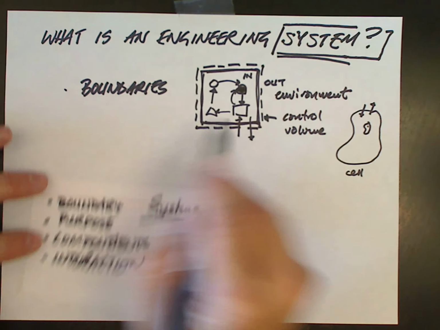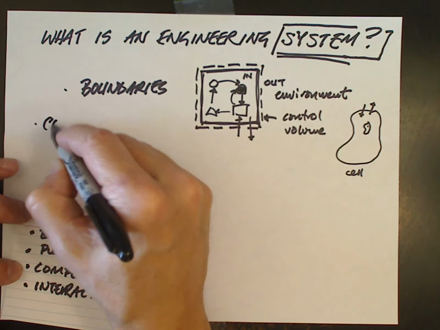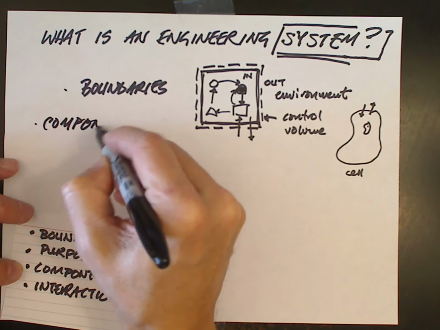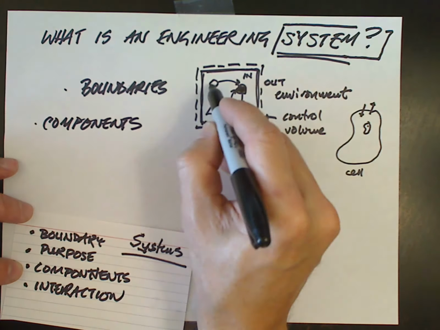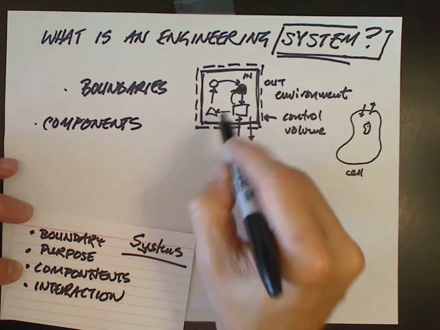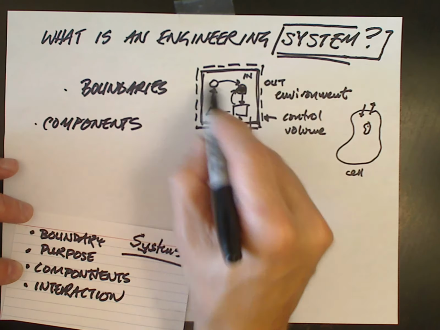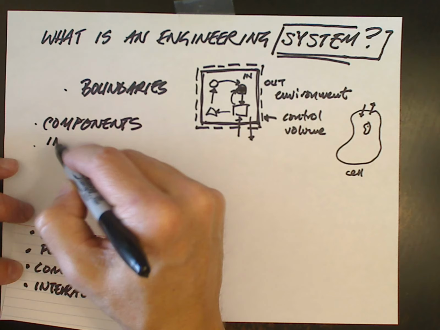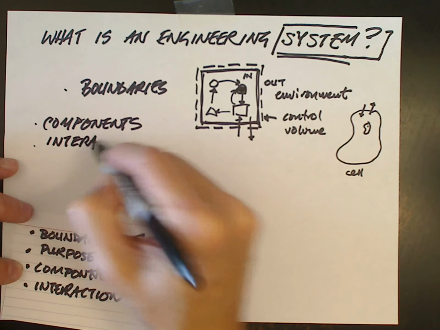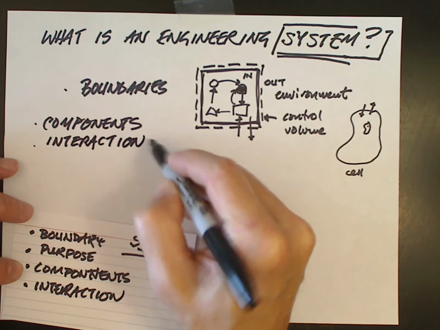They can be fixed, they can be flexible, but we know where they exist, both mathematically, in space, or in information. The other thing about systems that is really important is that they have components. The components themselves might have their own boundaries, but it's the interaction between the components that are inside the system boundary that is really important. So these components cannot be separate from one another.